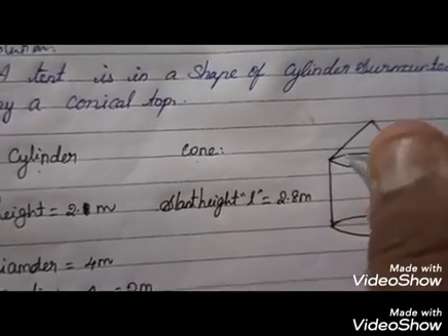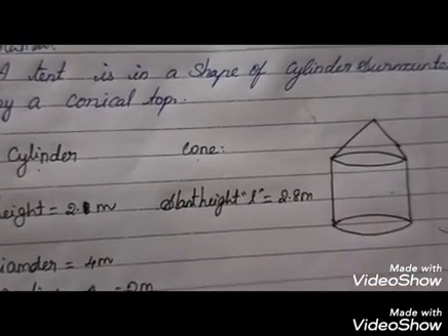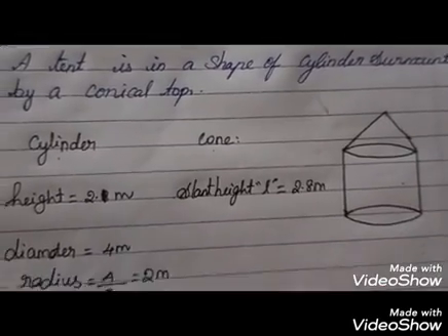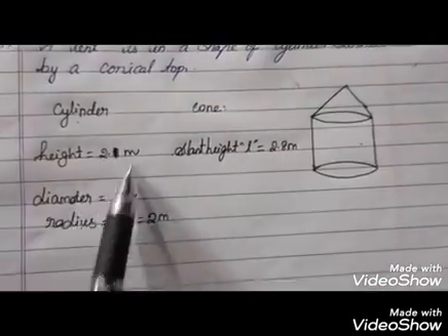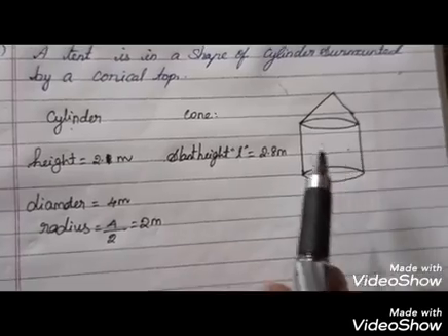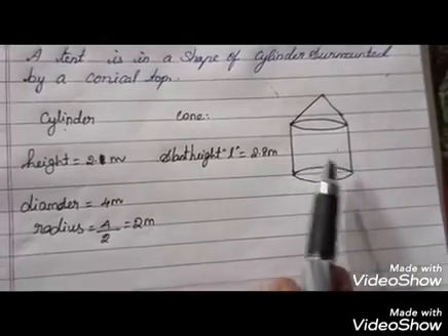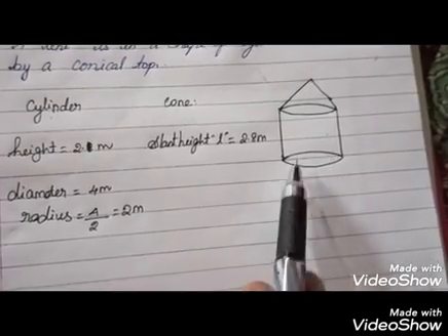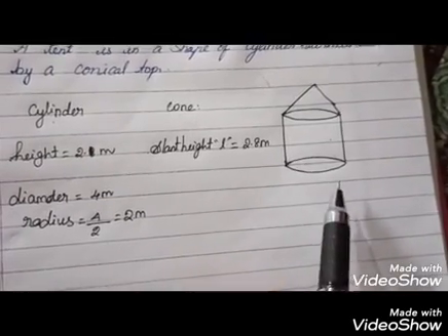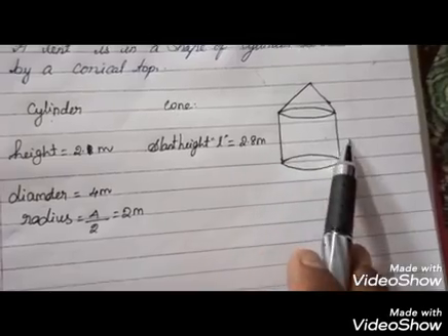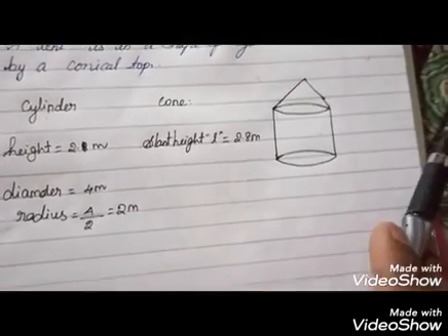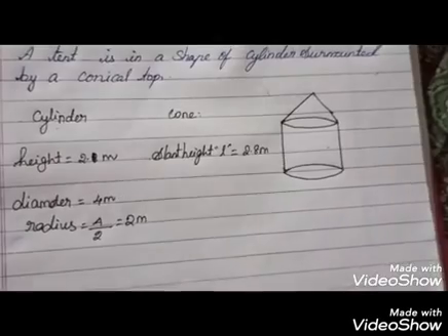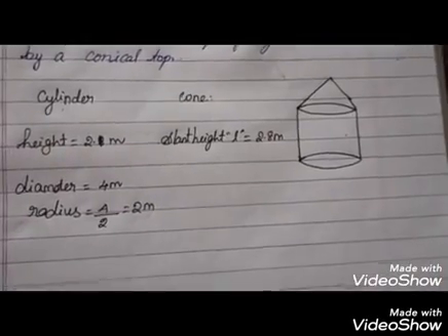Now what we have to find out? We need to find out the total area of canvas used for the tent. Curved surface area of a cylinder and curved surface area of a cone. The top is the conical part.